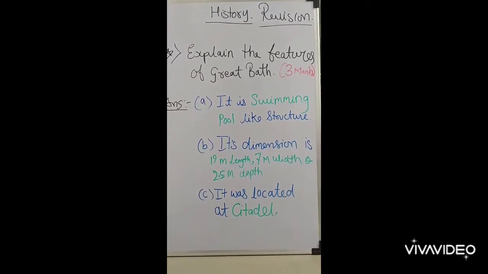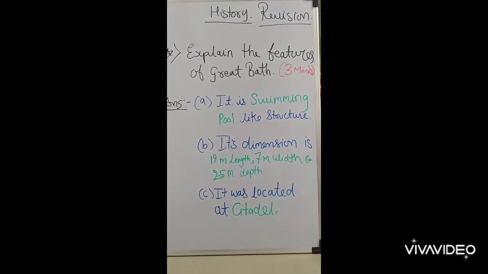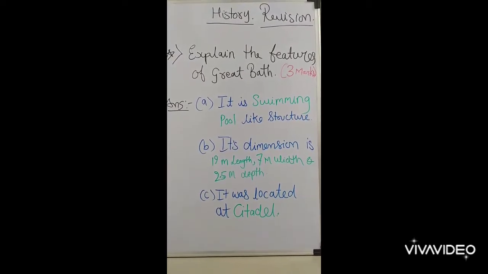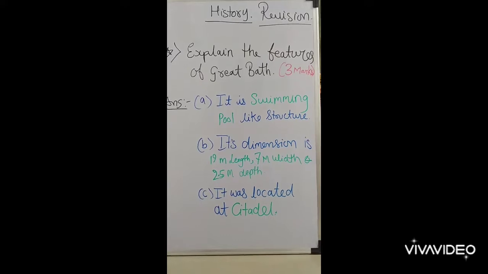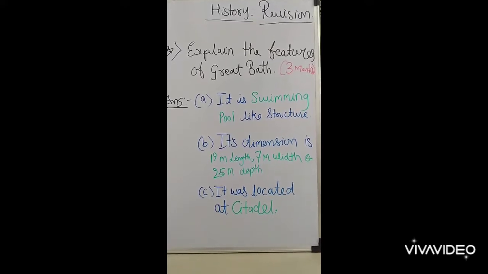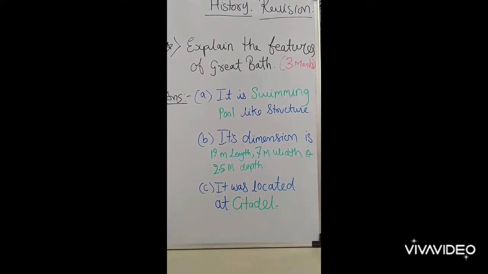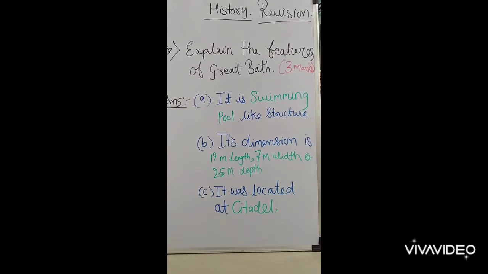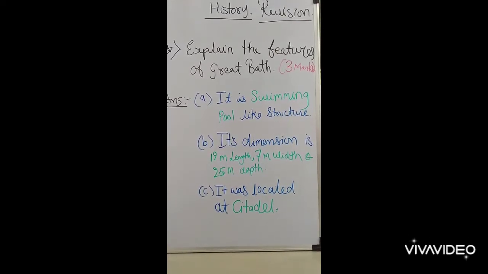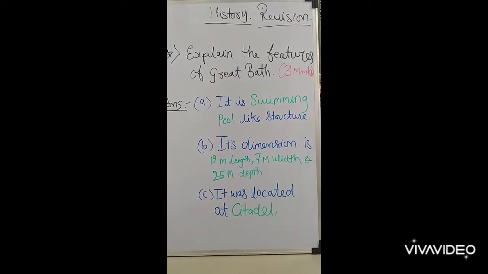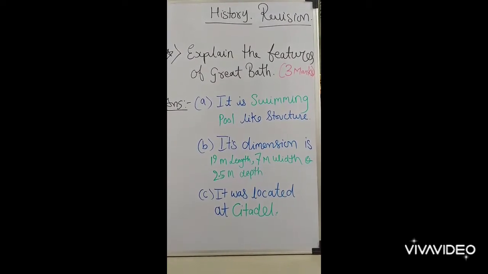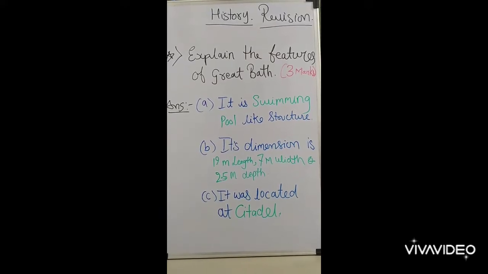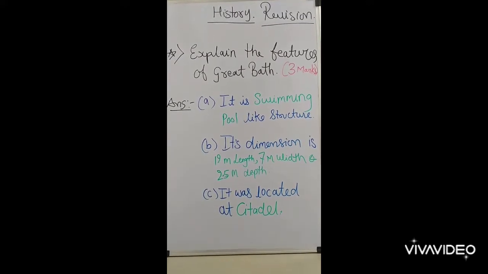In the answer, you can see the green shaded words. That can be called the keyword, which will give you marks. Now, it says that it is a swimming pool like structure. Yes, we all know that the Great Bath is a swimming pool like structure. It's a special quality because in those days, swimming pool like structures were not found.